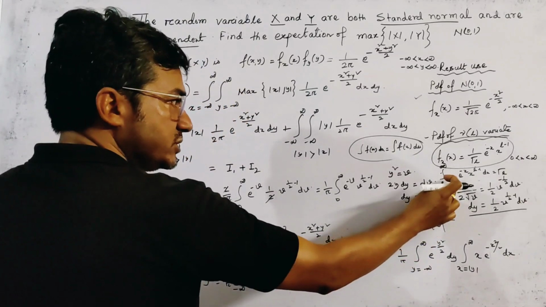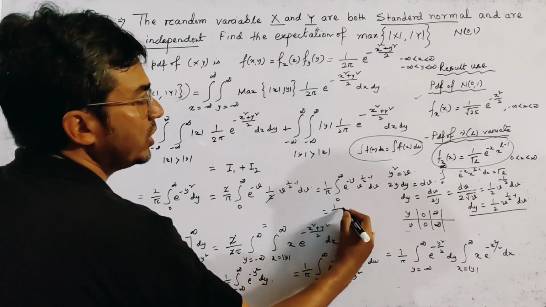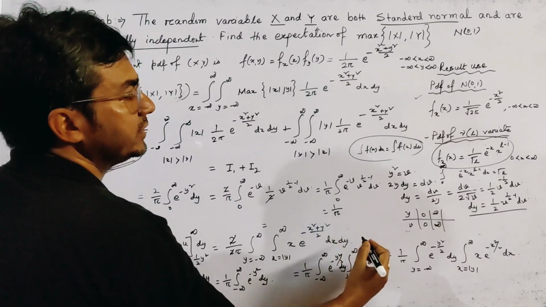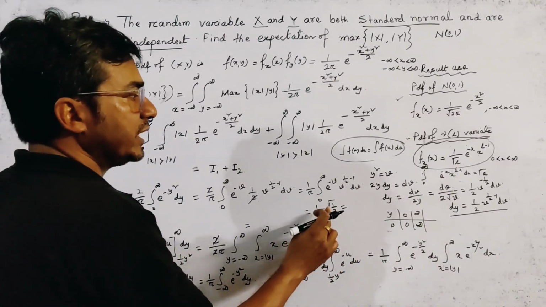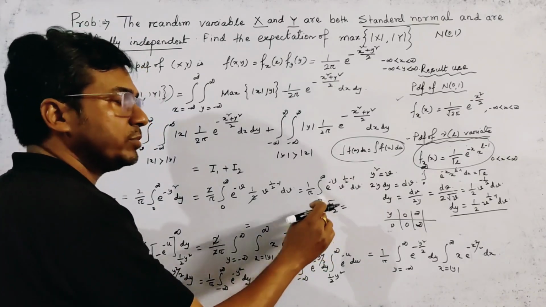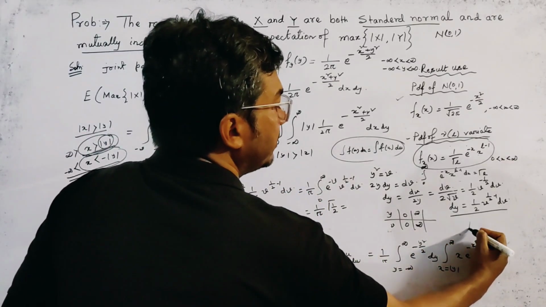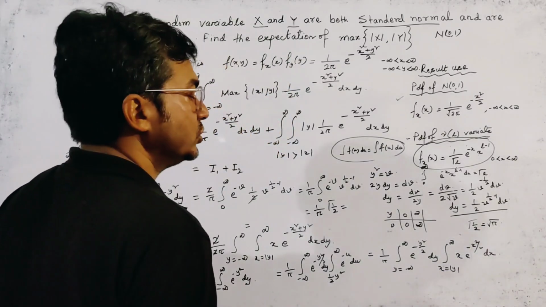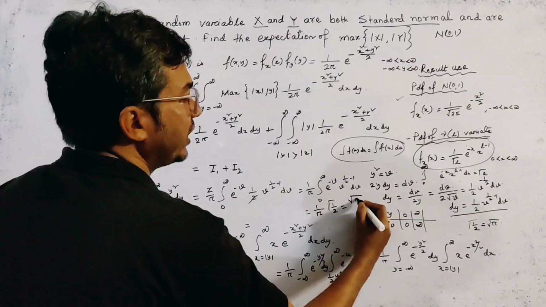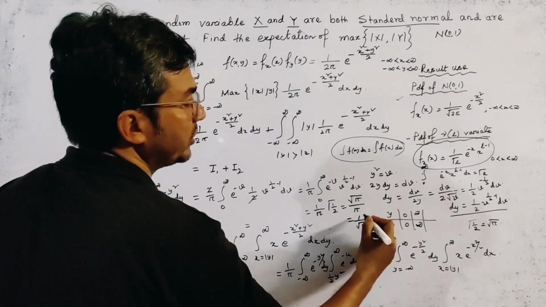So using this integration directly, we write our result as 1 by pi into gamma half. Now what is the value of gamma half? We know that the value of gamma half is root pi. So we put here root pi by pi, which is 1 by root pi.